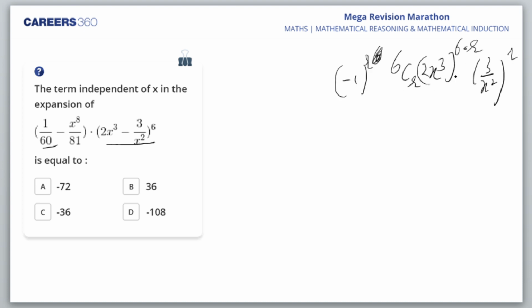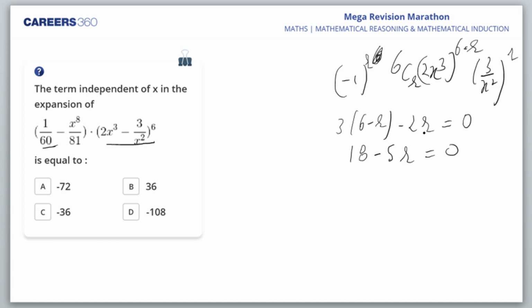That would be it. So the powers of x I'll equate. Achha Chikat, you are getting the answer. Okay. 3 into 6 minus r minus 2r should give me 0. Am I right or wrong? So this is 18 minus 5r. Am I right?